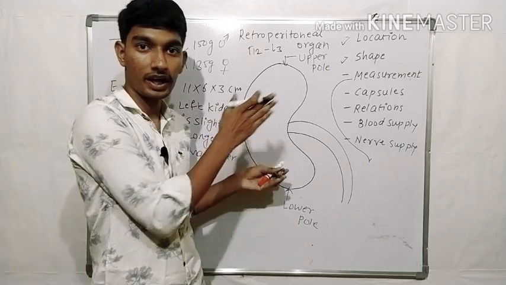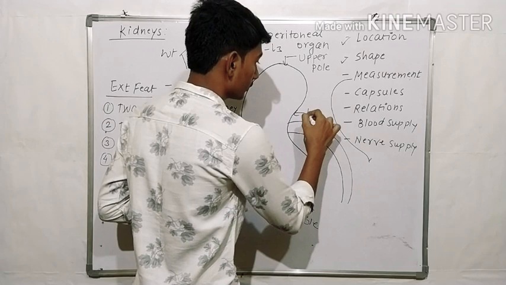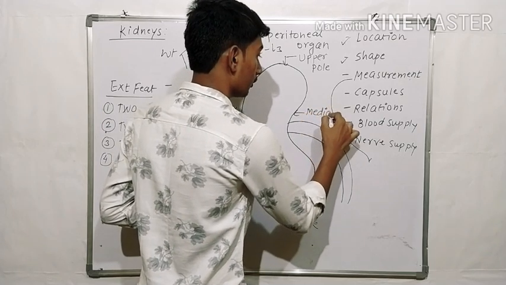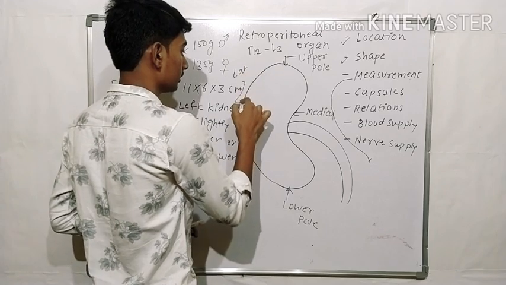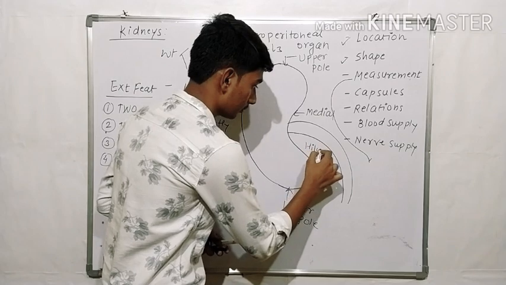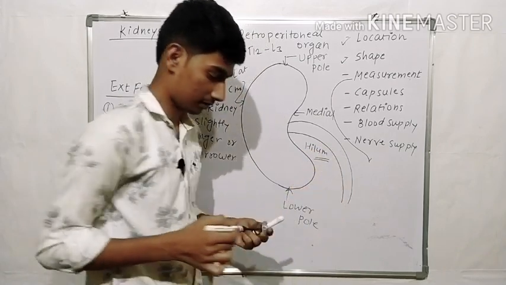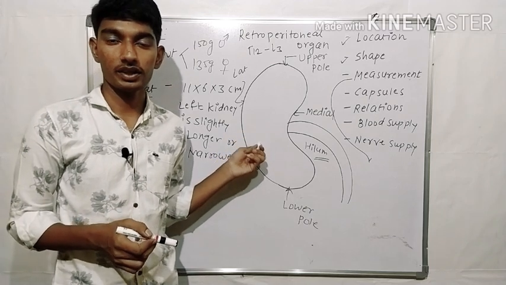The two surfaces are the anterior surface and the posterior surface. The two borders are the medial border and the lateral border, and this is the hilum. This is about the external features of the kidney.